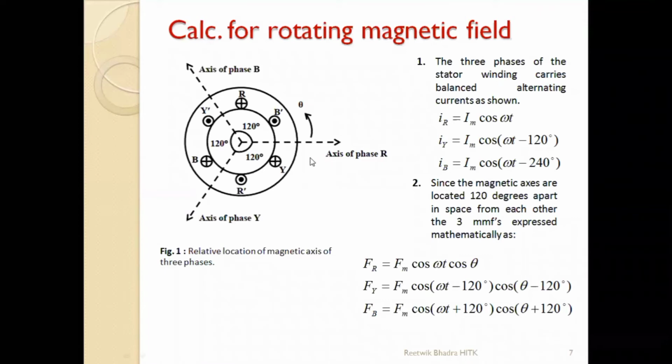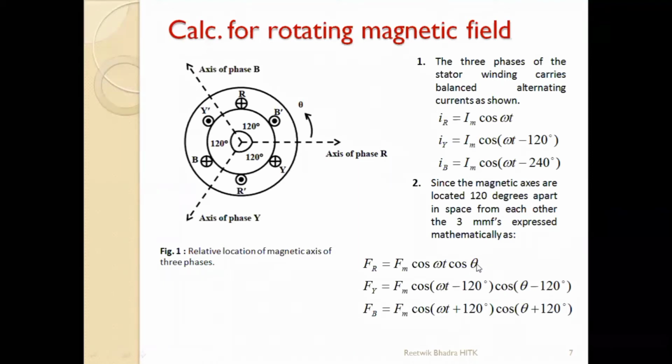Now since the magnetic axes due to the placement of the poles are also 120 degrees apart, the MMFs that will be produced will be 120 degrees apart. So there is another factor I included over here. See, I have made FR, FY, FB: Fm cos omega t, Fm cos omega t minus 120, Fm cos omega t plus 120. This is at an angle 0, so cos theta. I'm taking the space angle as theta and the time angle as omega t.